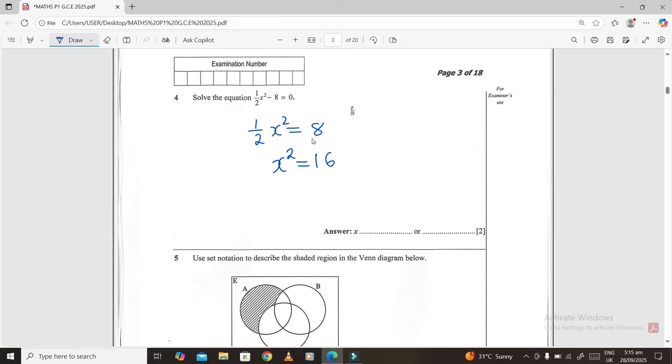When you cross multiply, 1 times x squared, it's x squared, 2 times 8, it's 16. We now square root both sides. So this would be x is equal to the square root of 16, which will be equal to 4. So this will give us 4 as the value of x, so x is equal to negative 4. So you can write 4 or negative 4.